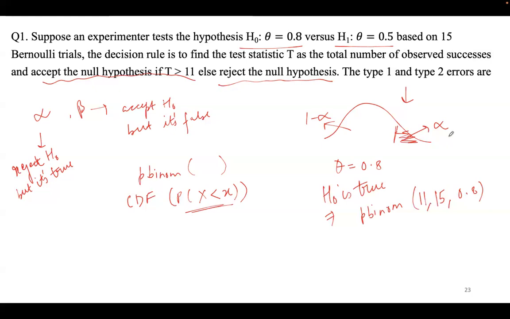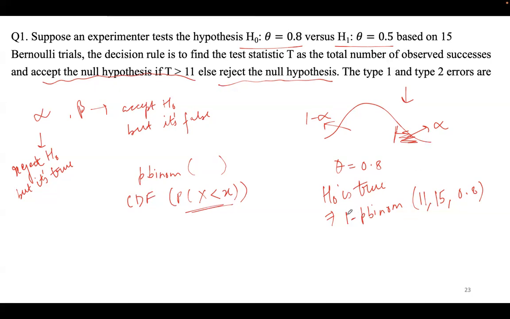It should actually be this value, right? So it should be 1 minus this value. Oh, wait.